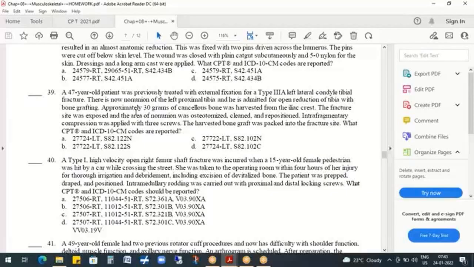Both are tibia only, right? But the graft is harvested from the iliac, so we get 27724. Sunil, why did you code 27722?